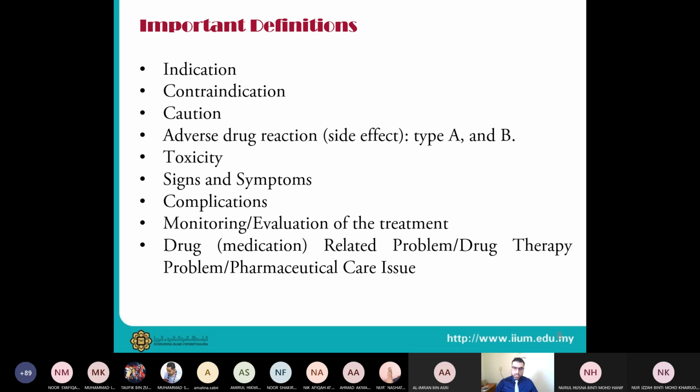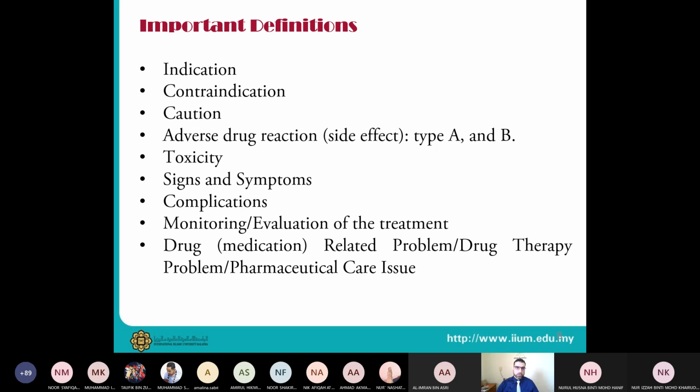But if the patient has a severe or advanced renal problem, creatinine clearance below 30, then metformin must not be used because it carries a high risk of acidosis. So the risks outweigh the benefits. Because of that, we say it's contraindicated.